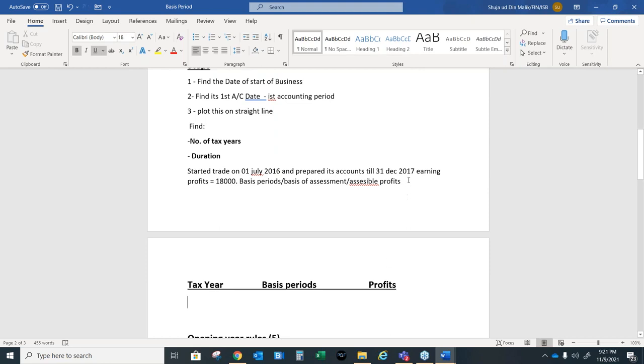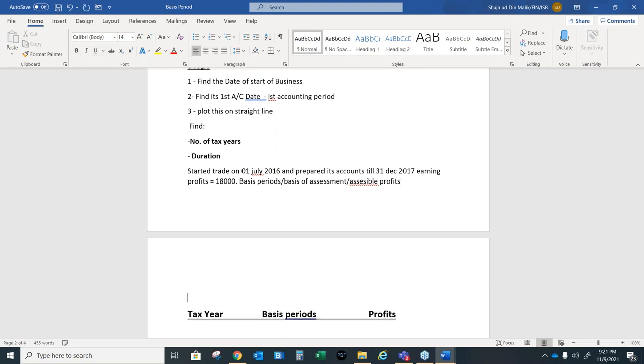First of all, this is the problem. This is the question. We see that it is 1st July 2016 and the accounts are prepared till 31st December 2017. The first accounting period is from 1st July 2016 till 31st December 2017.